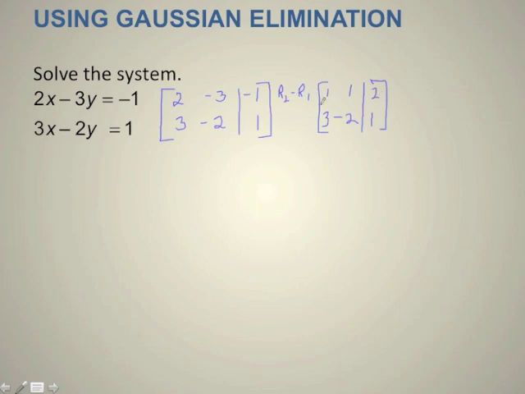Now that I have this 1, I'm going to use this row to make a 0 down here. So I'm going to take row 3 and I'm going to subtract 3 row 1s. So row 1 will stay the same.